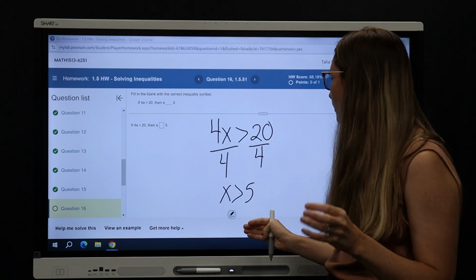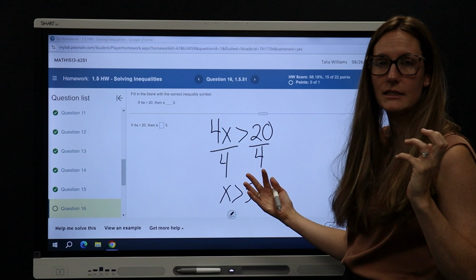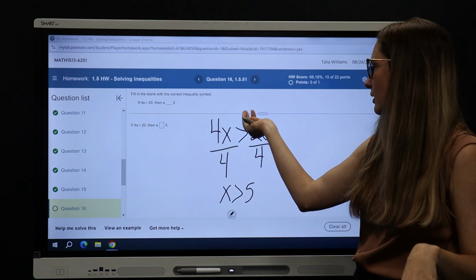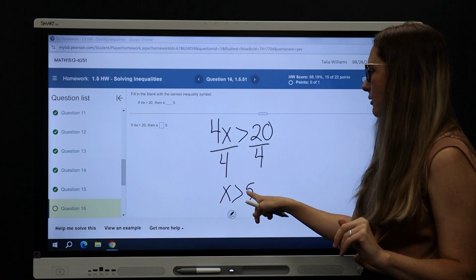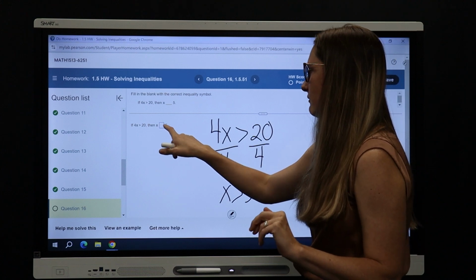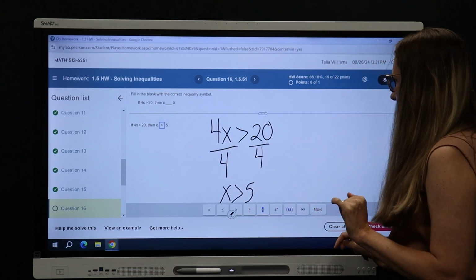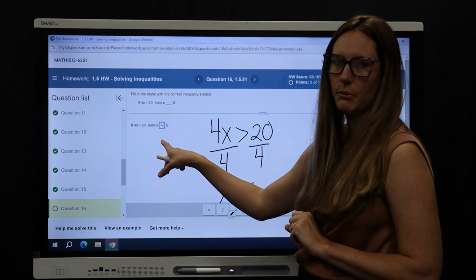Otherwise, it's an equal to, not an inequality. So a number greater than 5, we can say 10. 4 times 10 is 40. Is 40 greater than 20? Yes. That's kind of confusing right now, but since we divided by a positive, nothing changed, because these are the same thing. We just divided each side by a positive 4.